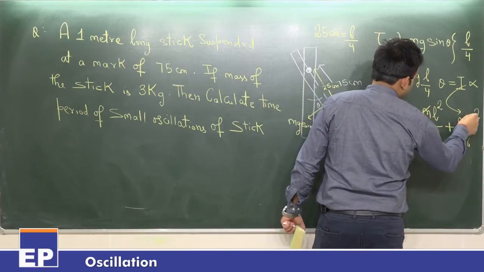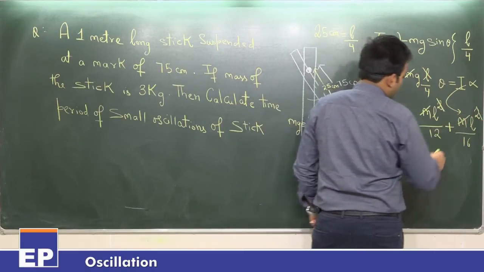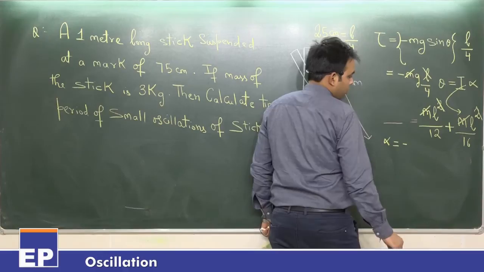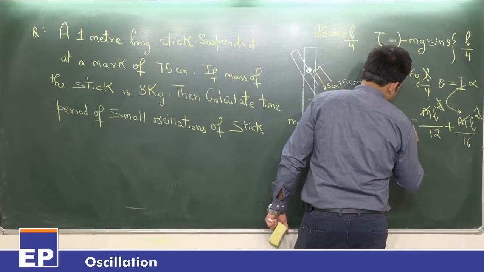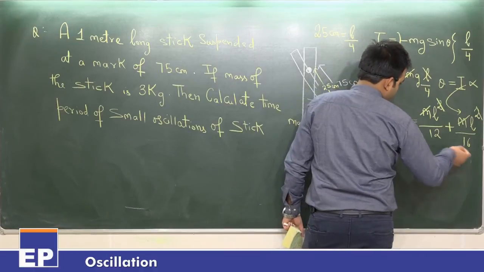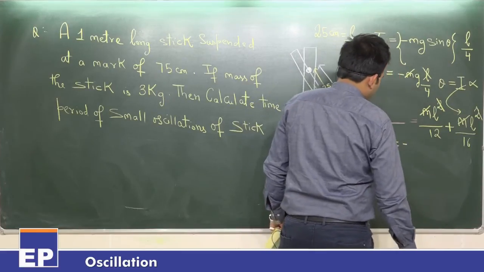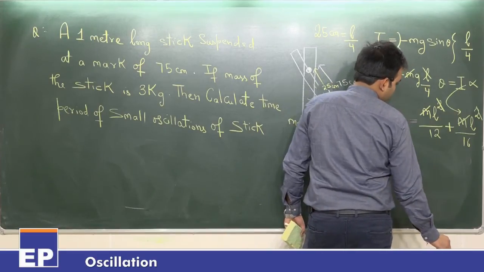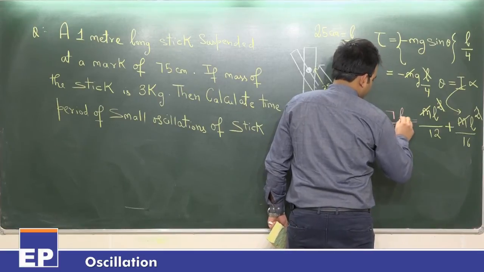This m and m will cancel out. This L and L will cancel out. And if you take LCM, this will become 12 and 16 is there. 1 by 4 is common, 1 by 3 plus 1 by 4, that is 12, you can say ki there it is 4 plus 3, 7 into 1 by 4.